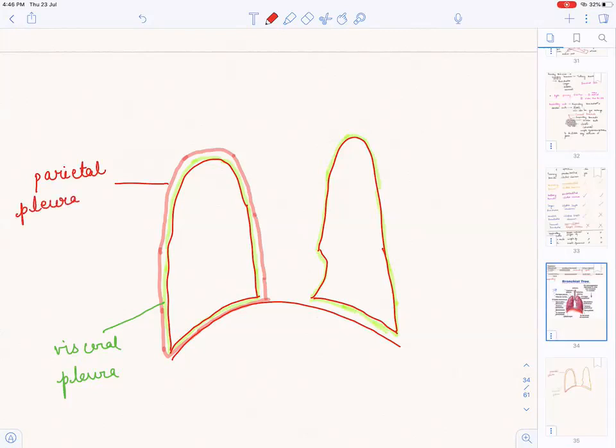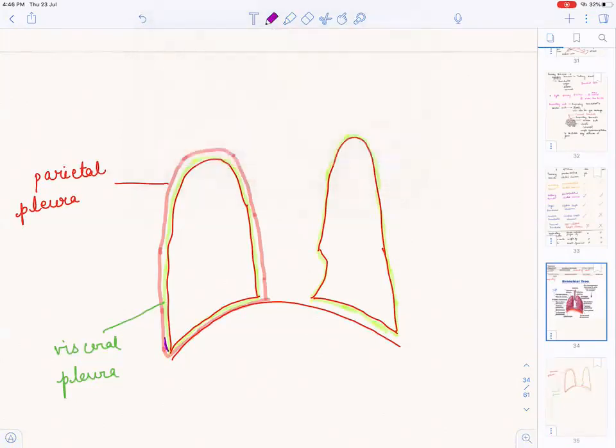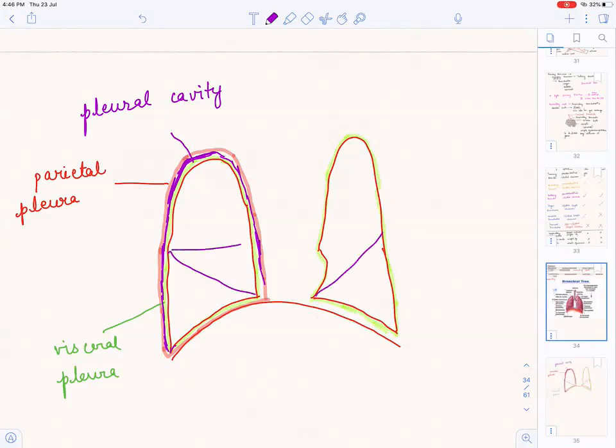And this little space that you can see between them is the pleural cavity. So this is the pleural cavity.